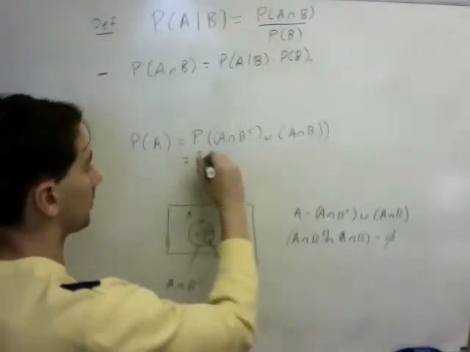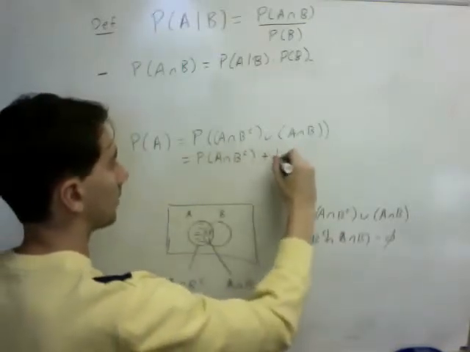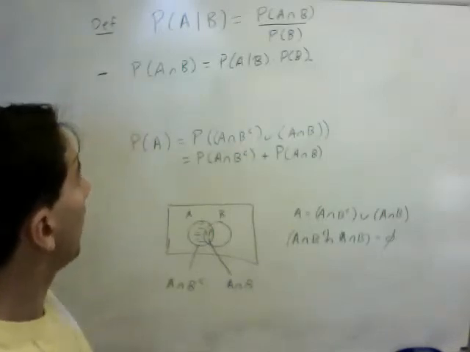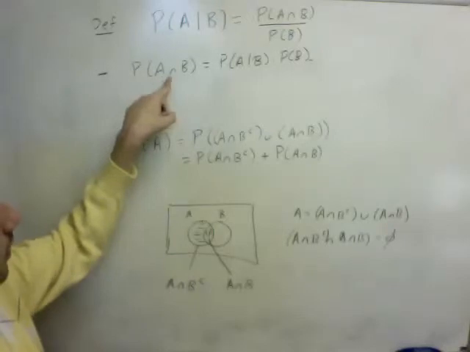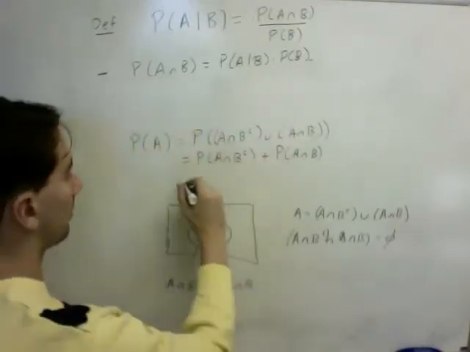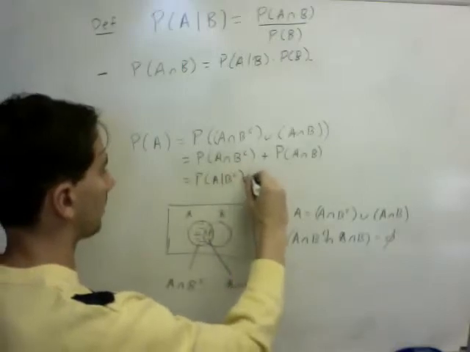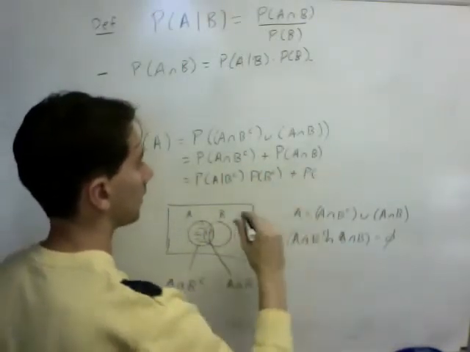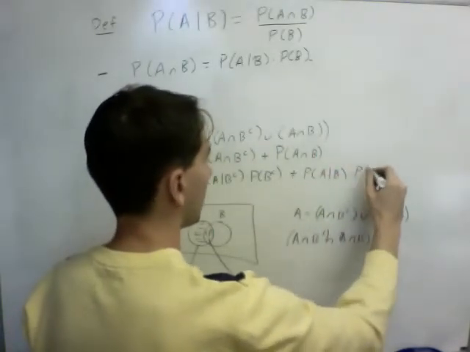So really this is the probability of A intersect B complement plus the probability of A intersect B. And now we're going to use this product rule again. So the probability of the intersection of two things can turn into a conditional. So this is the probability of A given B complement times the probability of B complement plus the probability of A given B times the probability of B.